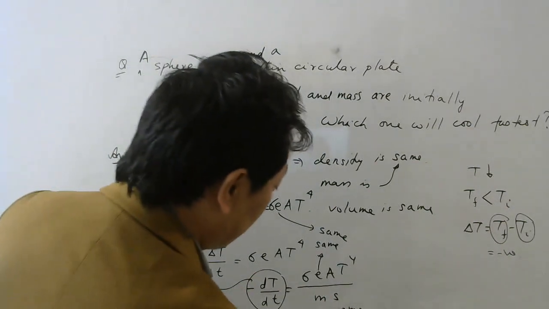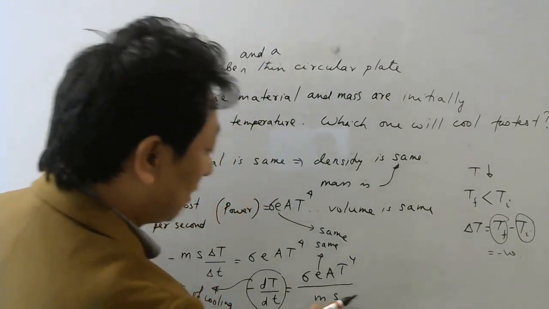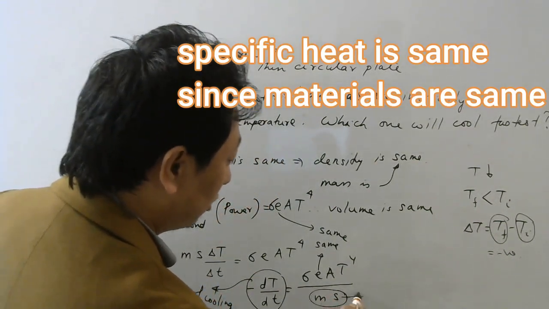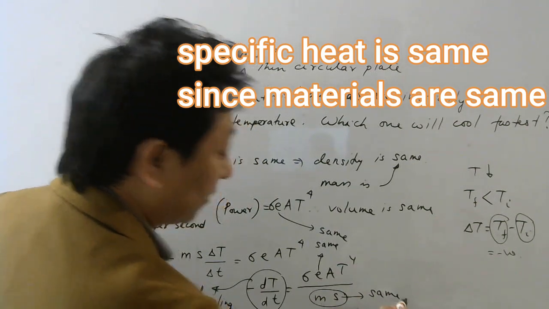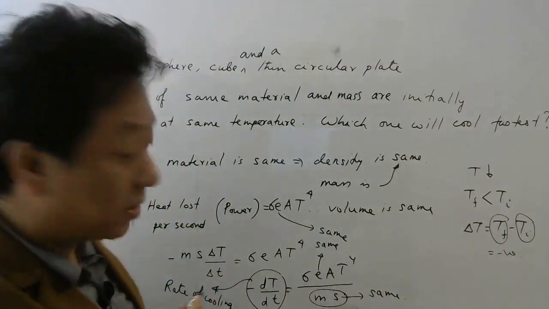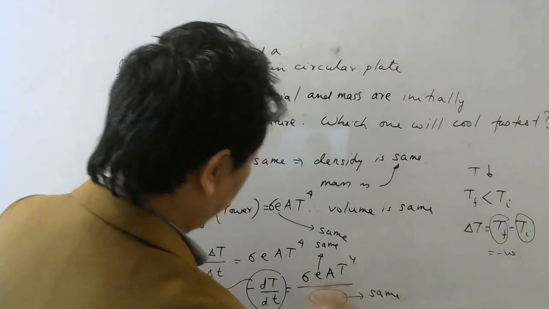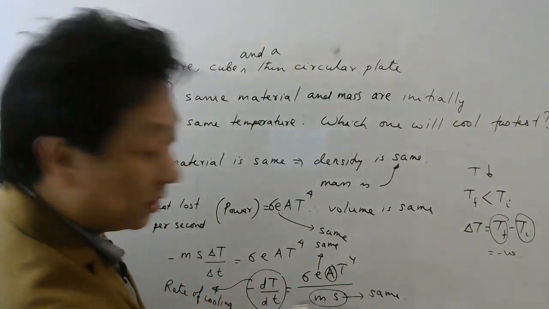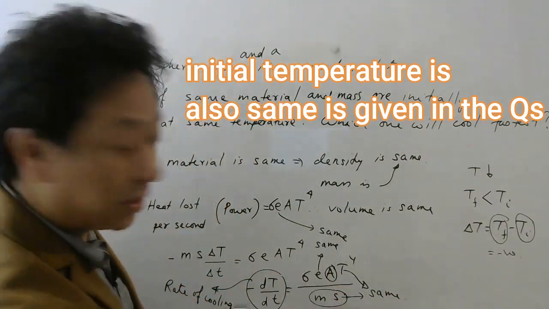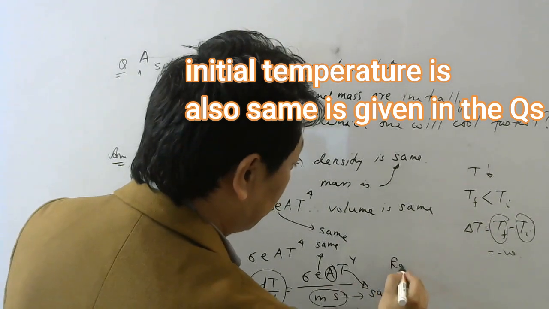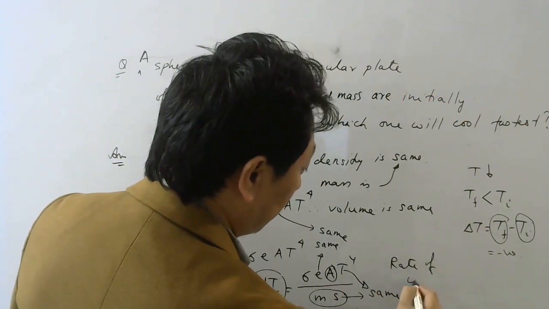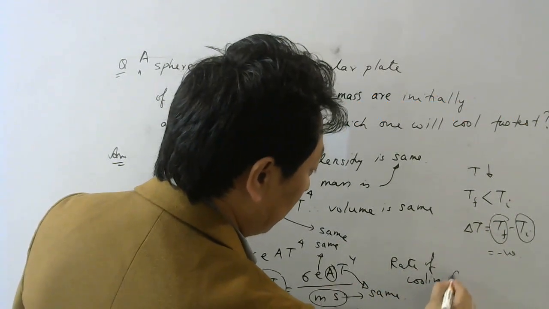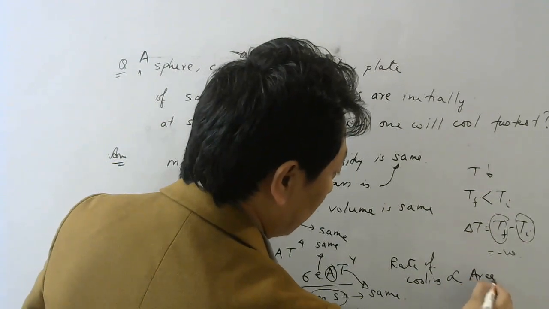And mass is same in the problem. Now if mass is same, specific heat is same, both will be same. That means the whole thing is what is left, only area is different. Even temperature is same, they told. That means the rate of cooling is directly proportional to the area.